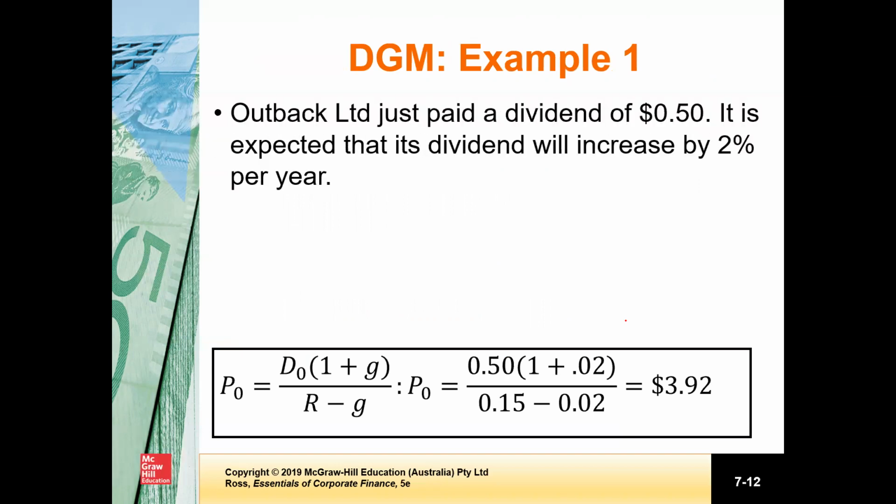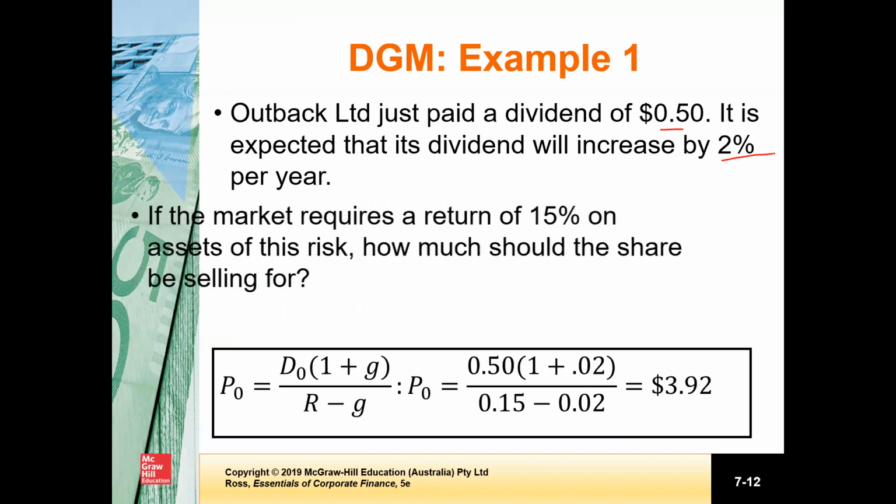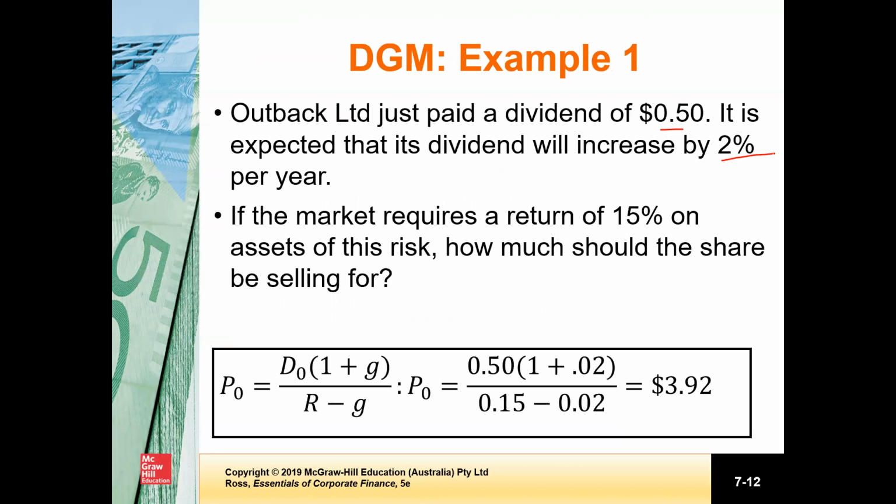Then constant growth. Look, Outback Limited just paid a dividend of $0.5. It is expected that the dividend will increase by 2% per year. Here the latest dividend was $0.5. The dividend will not remain the same. Rather, it will grow at a constant rate, which is 2%.